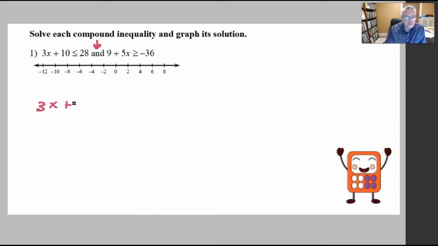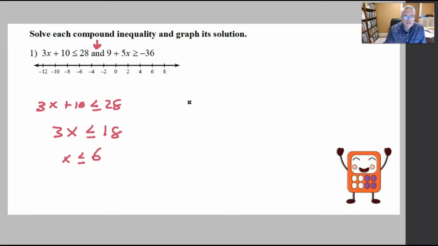I have 3x plus 10 is less than or equal to 28. If I subtract 10 from both sides, we get 3x is less than or equal to 18. If I divide by 3, I get x is less than or equal to 6. No flip because I divided by a positive number. All right.